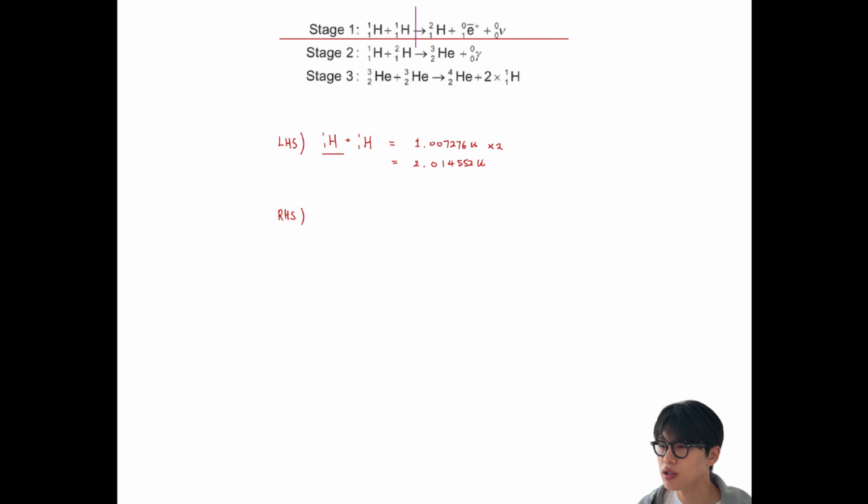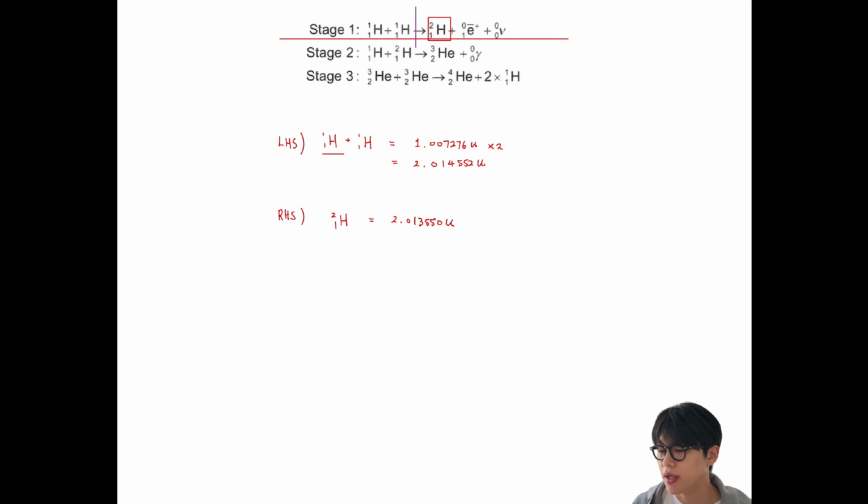The electron's mass and the neutrino's mass are relatively too small compared to the deuterium. So in this case, you don't have to consider the mass of the electron and the mass of the neutrino. You can only consider the mass of deuterium. That mass is given as 2 1 deuterium equals 2.013550 U.